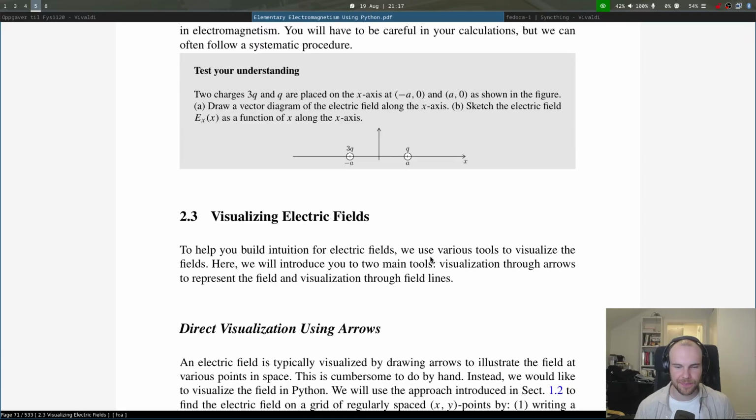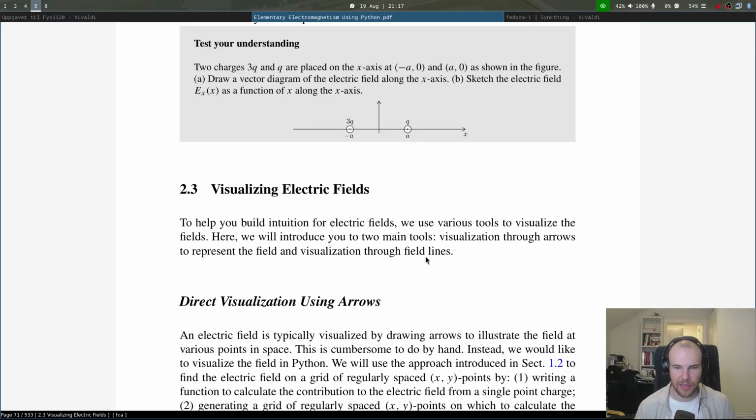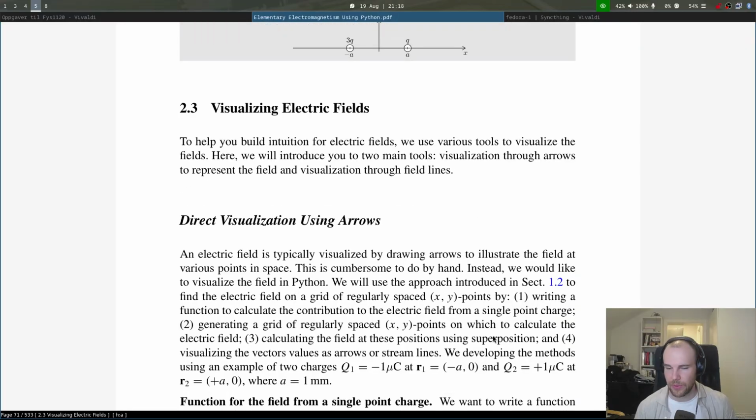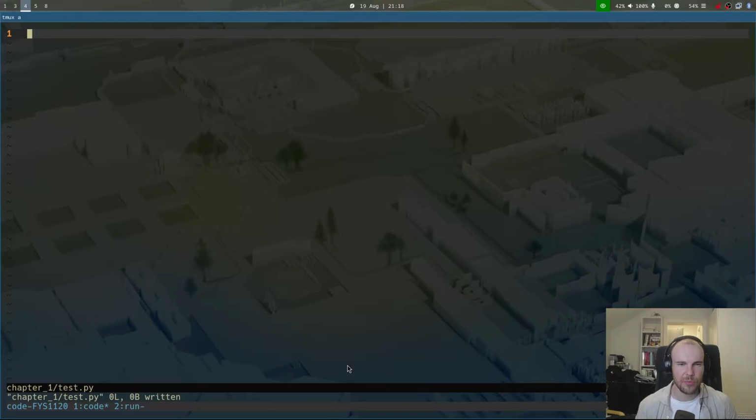Now we want to visualize the electric field. We are going to visualize it the normal way with arrows, nothing special. We are going to have Q1, and that Q1 is minus 1 microcoulomb. So we need programming here.